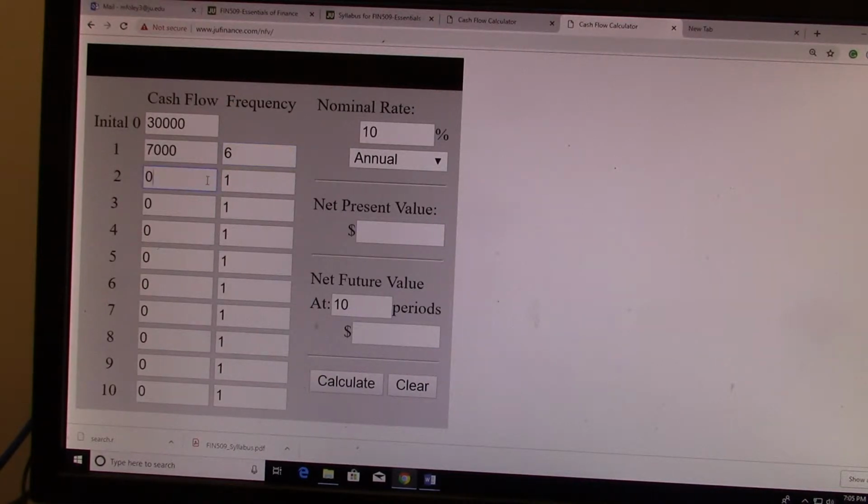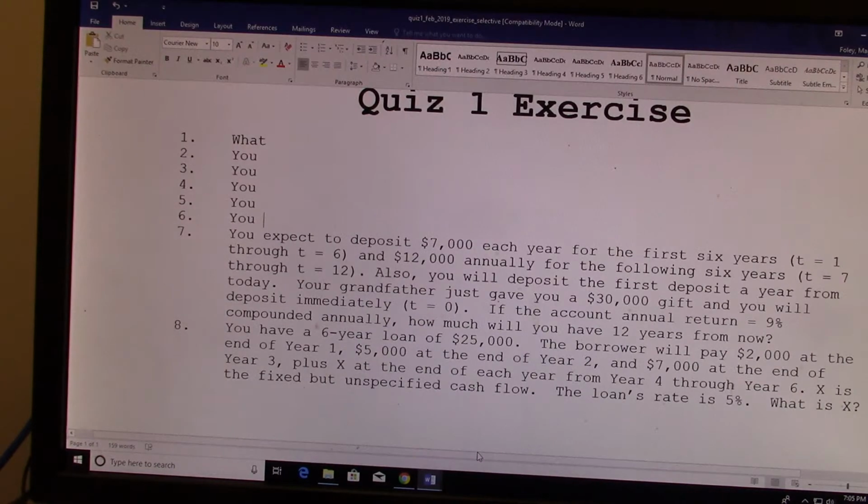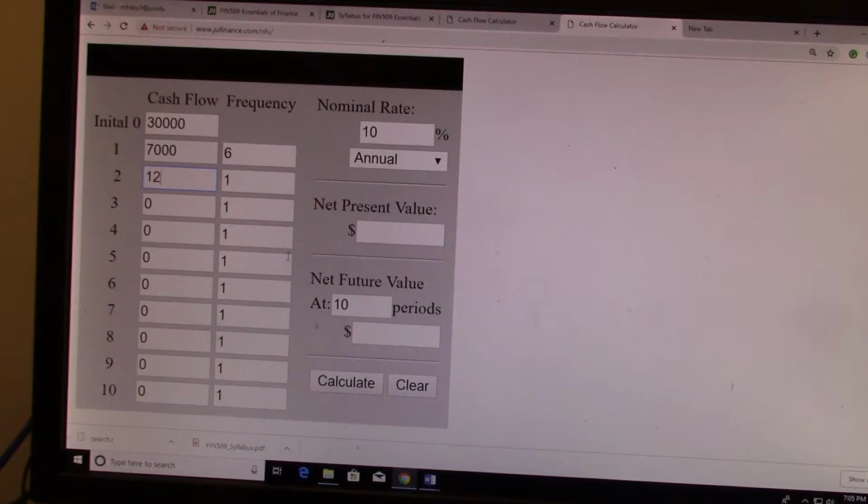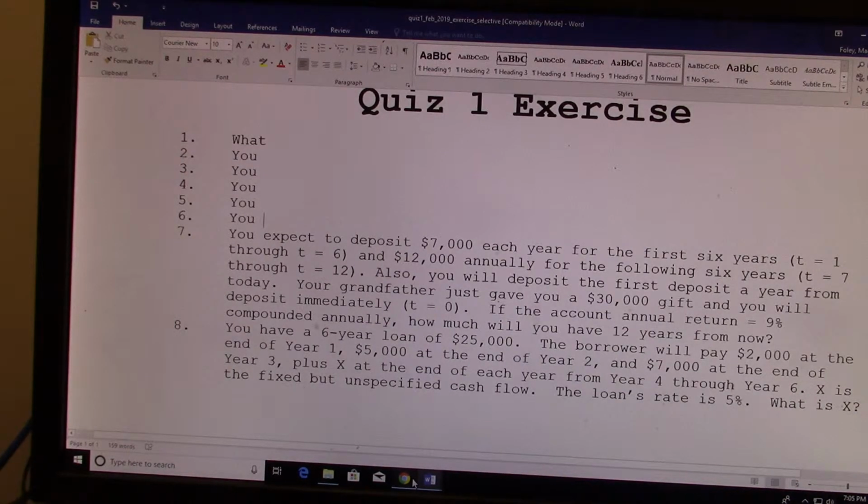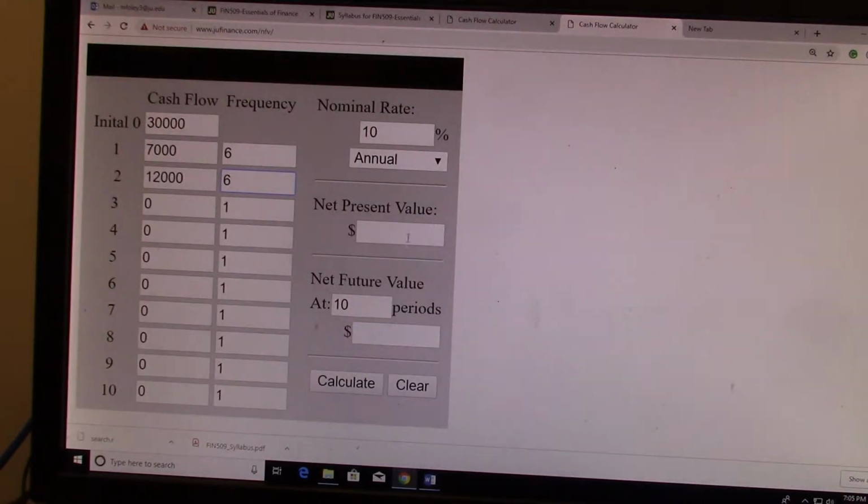The second observation should be $12,000 for 6 years. So that's all. Interest rate is 9%. It's a lot easier. You should be able to get the correct answer this way.